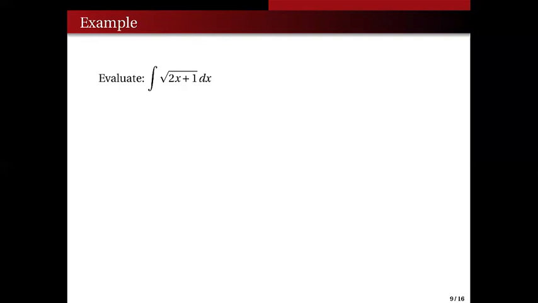In this case, it's okay if you just have square root of x. We know how to deal with that. But this time, we have square root of 2x plus 1. So 2x plus 1 makes this complicated, in a sense, quote unquote.